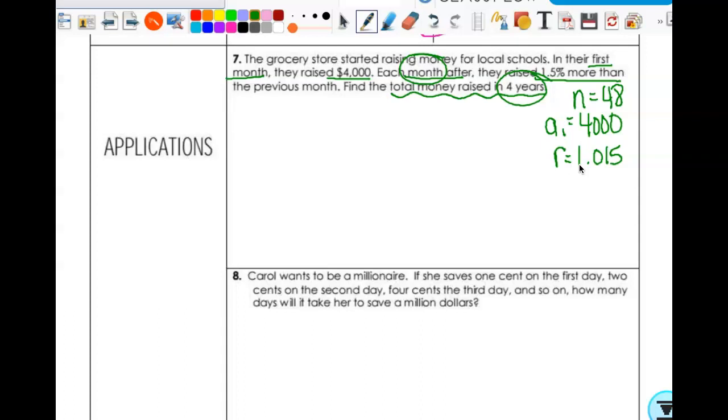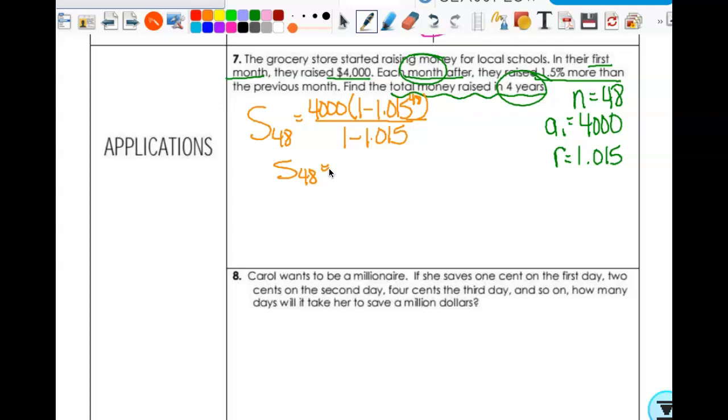All right, so then y'all go ahead and find how much they raised total in those 48 months. And in this, we're talking about money.